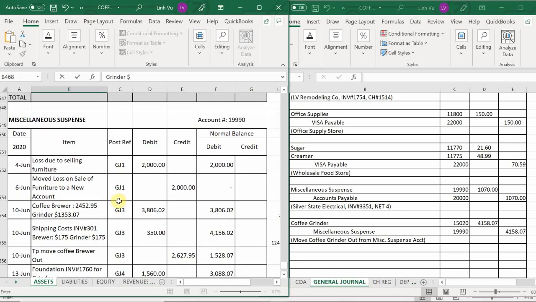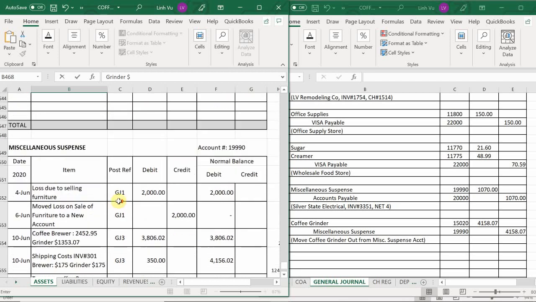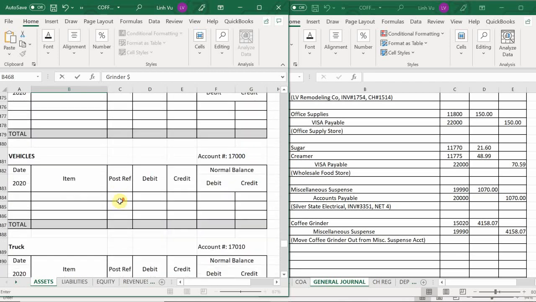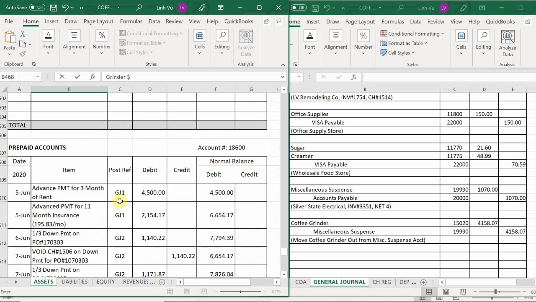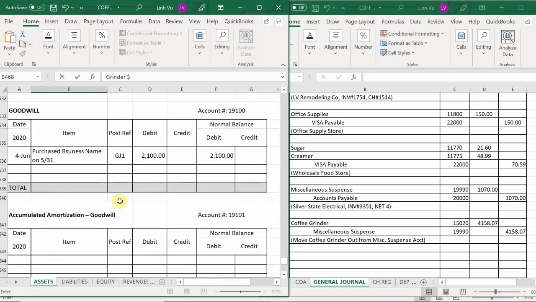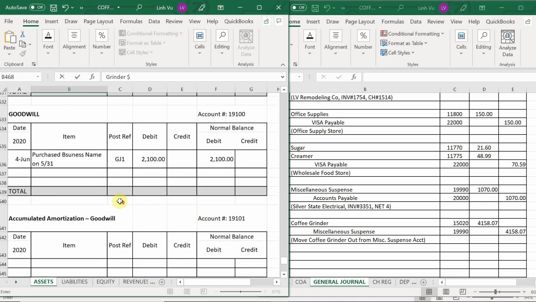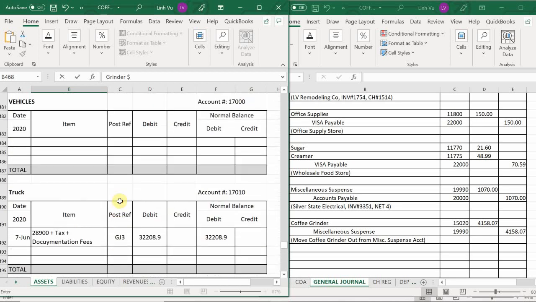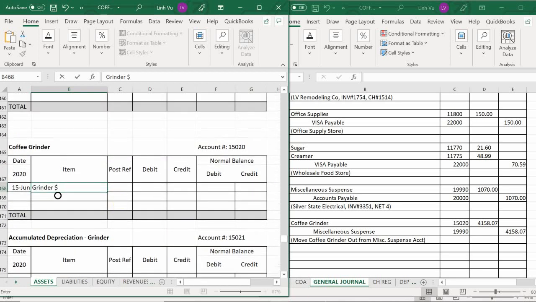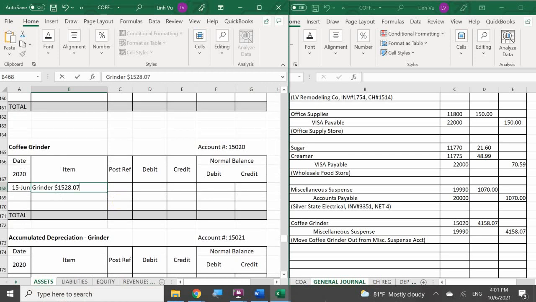So the grinder was 1528.07 plus foundation of 1560 plus electrical for 1070.